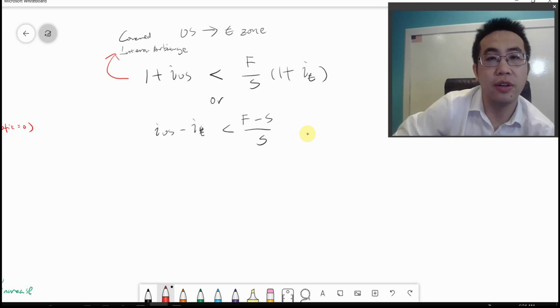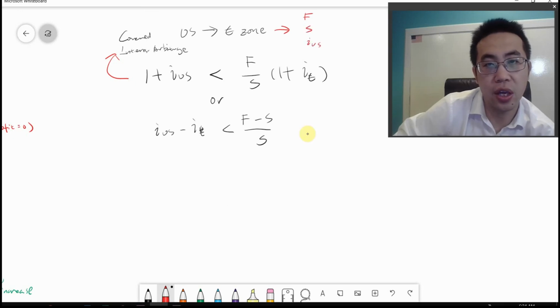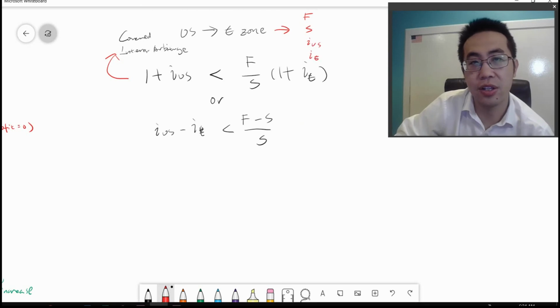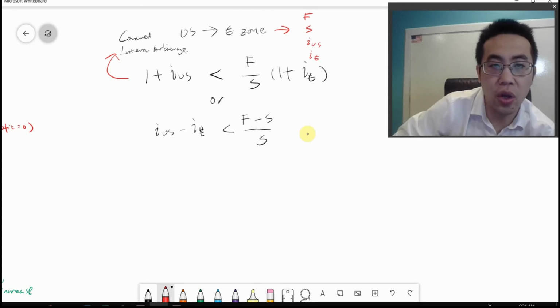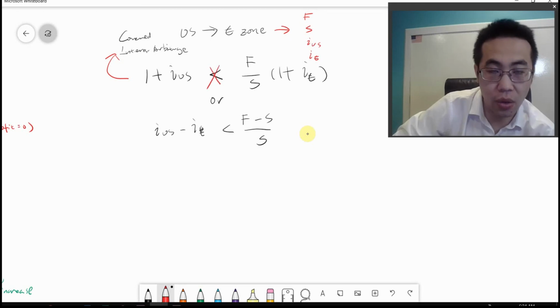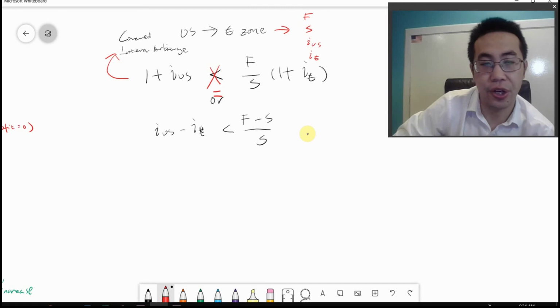So what's the result of covered interest arbitrage on the forward rate, spot rate, U.S. interest, and the euro interest? You can skip all the demand and supply analysis. You just need to know that the ultimate result would be that this disequilibrium disappears and the two sides eventually match each other.